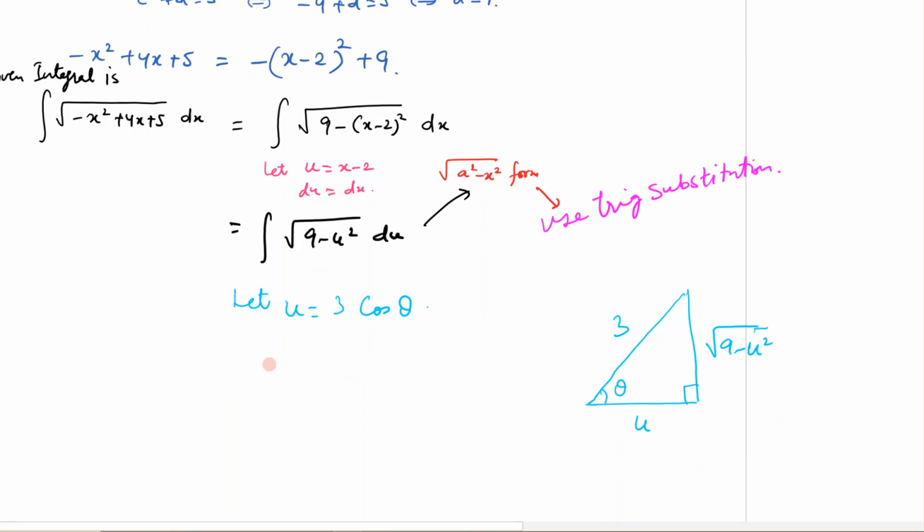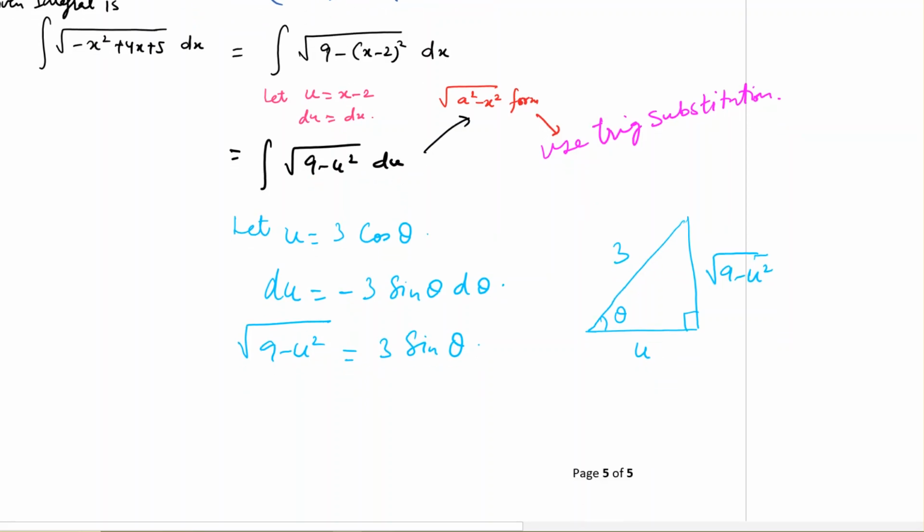This implies du would be equal to -3 sine theta d theta, and square root of 9 minus u square would be 3 sine theta. So we're gonna use all this here. So our integral changes to integral of, in place of square root of 9 minus u square, we get 3 sine theta.